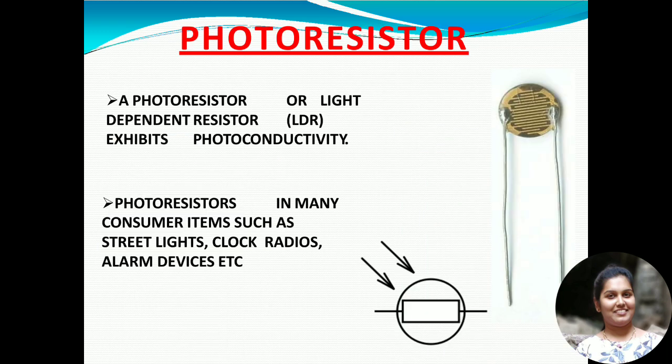Photoresistor. As the name suggests, photo means light. So the resistor whose property is based on light, that kind of resistor is nothing but a photoresistor. The resistor which is dependent on light is nothing but a photoresistor, or light dependent resistor, which we simply call LDR.